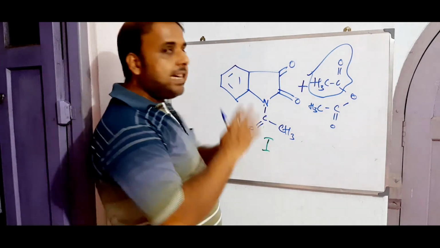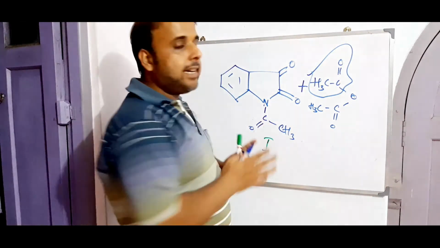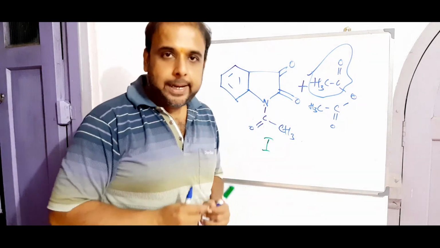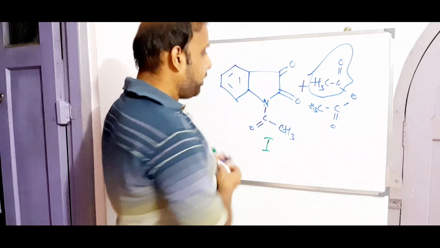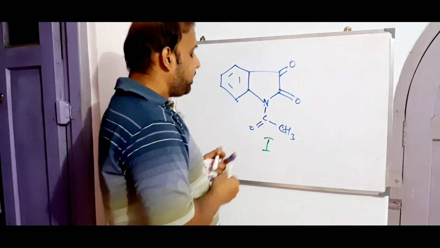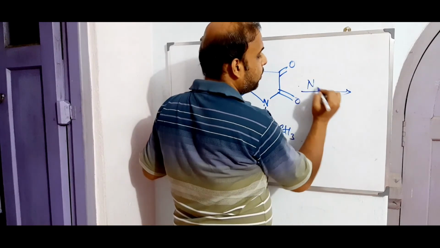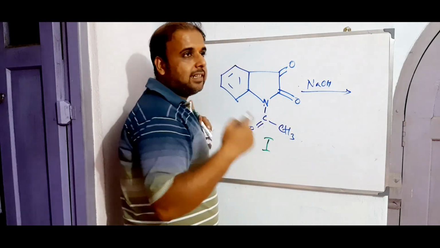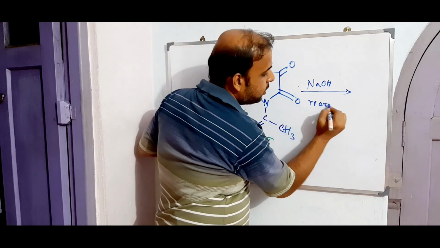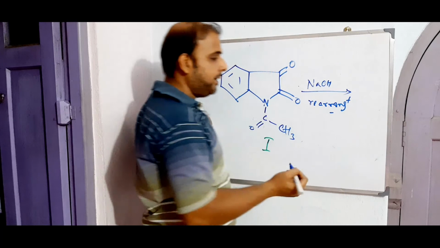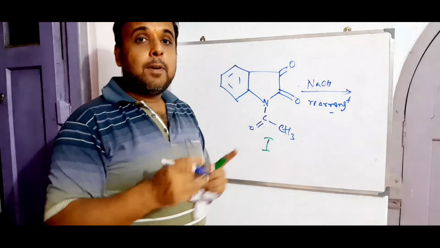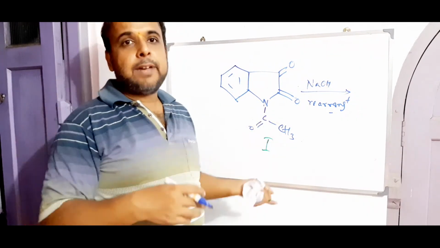The next is a rearrangement, and through that rearrangement the ring expansion will take place. The rearrangement should take place in the presence of a strong base, that is sodium hydroxide. So we have got the first intermediate, and we'll react this with sodium hydroxide. The reaction mechanism that happens here is a rearrangement, which eventually leads to a compound in which the template has changed from 6,5 to 6,6.